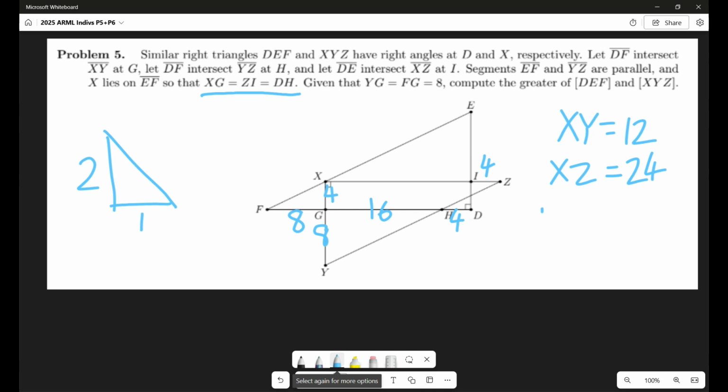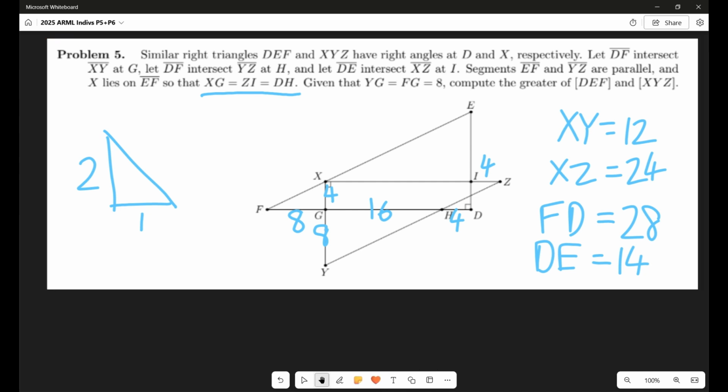And we can find quickly that FD has a total length of 28, so DE has a length of 14.